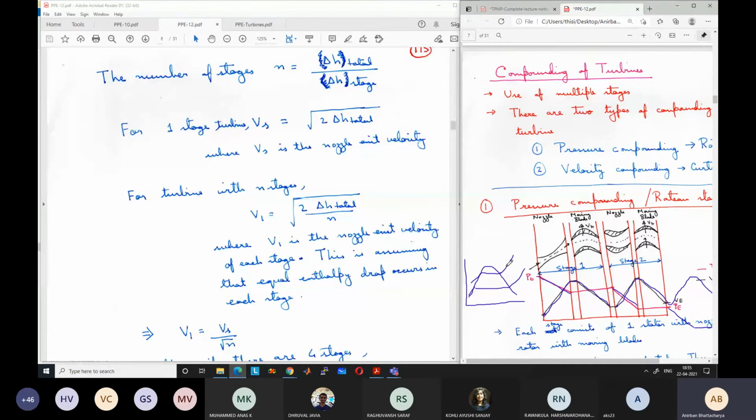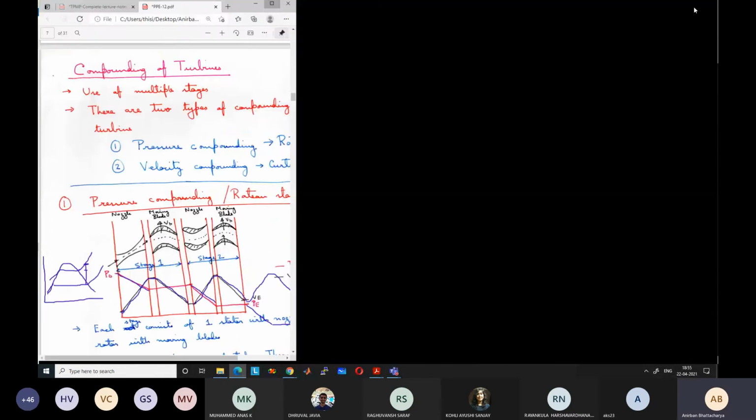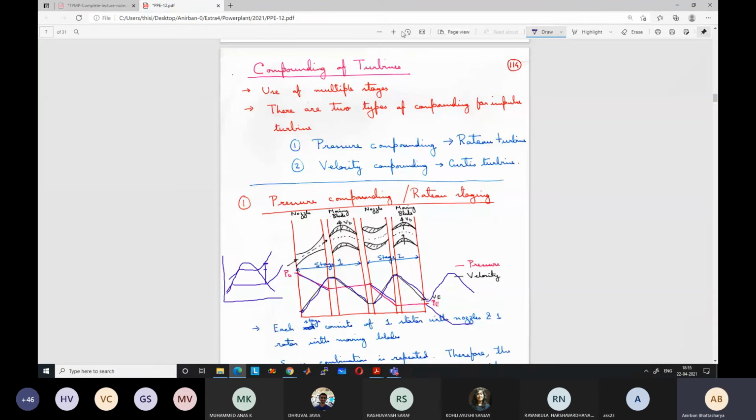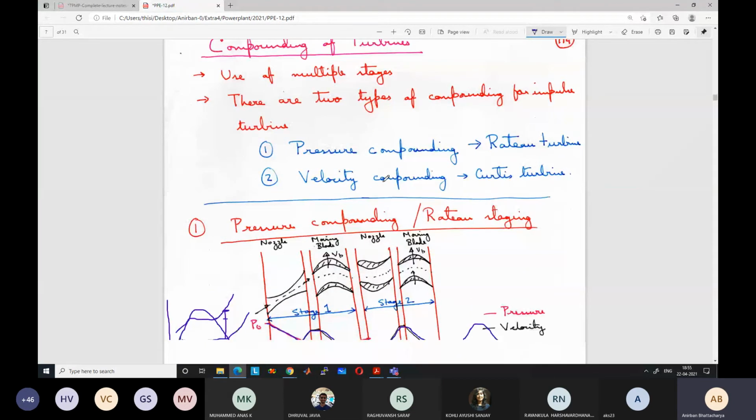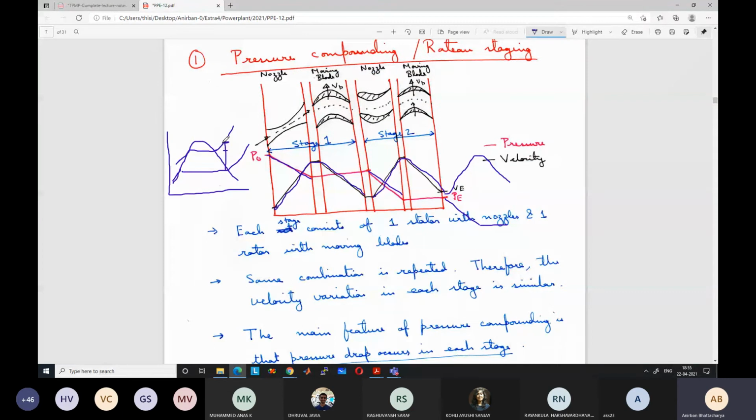Now the first stage will only have an enthalpy drop going from here to here. The second stage will have an enthalpy drop going from here to here. The third stage will have an enthalpy drop going from here to here. So the enthalpy will keep on dropping, meaning the initial enthalpy at the inlet of each stage will be different. The initial pressure and temperature will also be different, but the velocity profile will be similar.